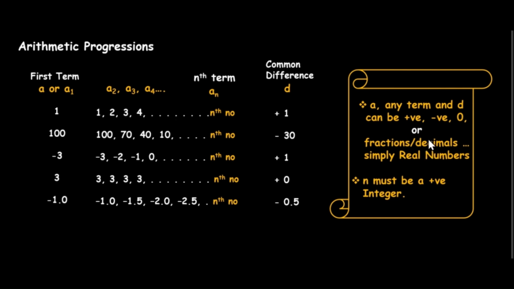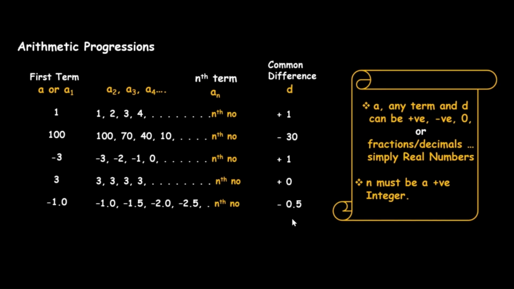If not, if n comes up as 0 or a negative number or a fraction or decimal, then that number won't be part of the arithmetic progression. So let's keep these points in mind. So in short, n indicates the number of terms in an arithmetic progression. So it has to be a positive integer.